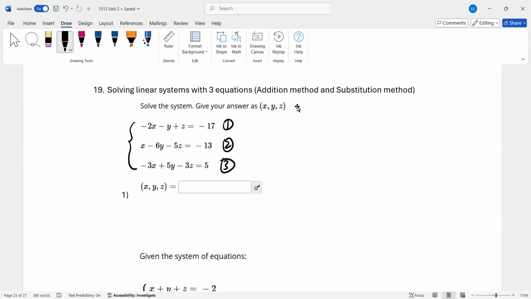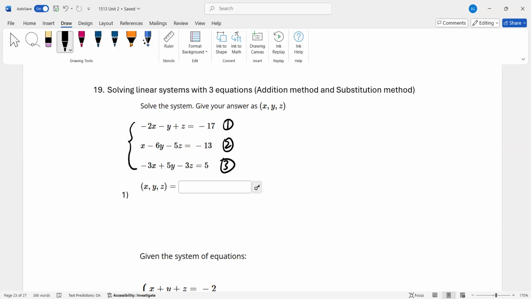So you can have multiple different ways to process the same problem. Really depends on your preference. How about let's get rid of z. Yeah, let's get rid of z.